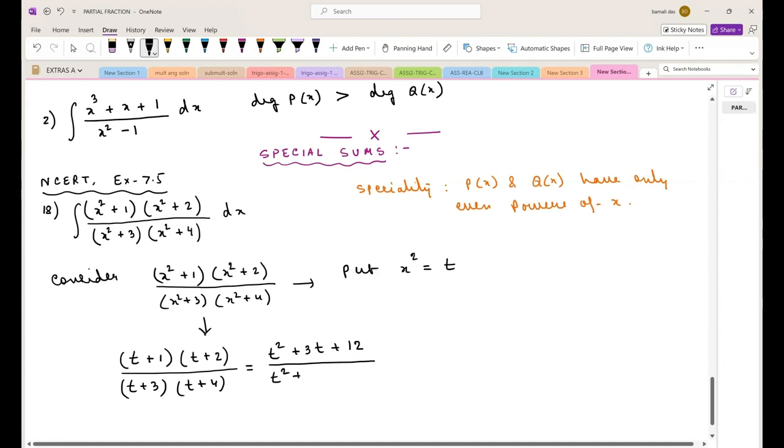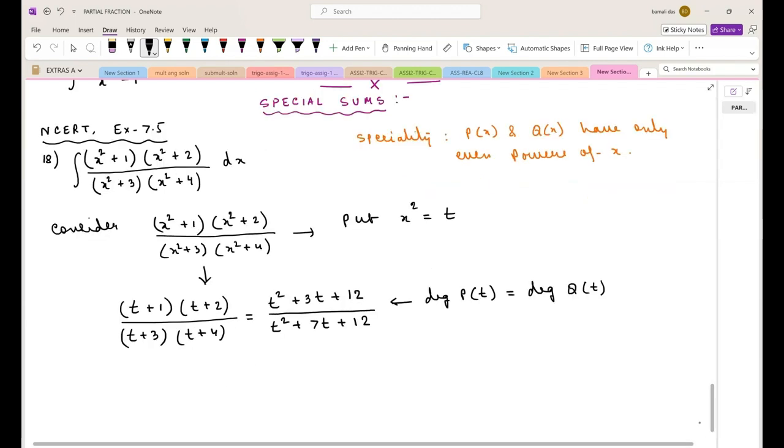Now here you see in this expression, degree of p(t), that is numerator, is equal to degree of q(t), that is degree of denominator. So we are actually rearranging the integral in such a way that we can apply partial fraction.